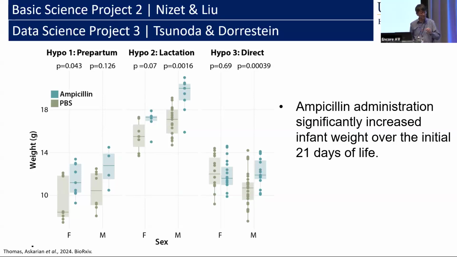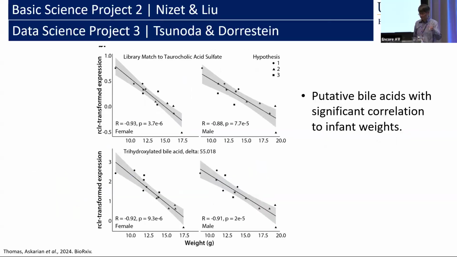And this actually bears out some pediatric studies done in the past that showed that a course of antibiotic, even a 1 week course of amoxicillin, can drive potential weight gain over time. So this is quite concerning. We wanted to understand what the potential mechanism is. This is weight gain at 21 days.